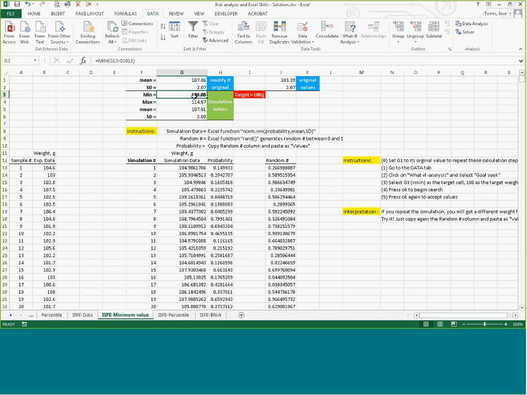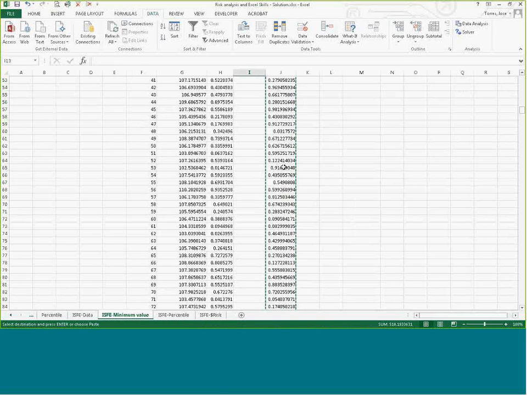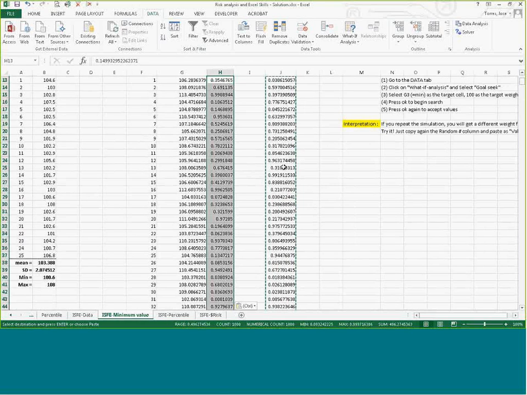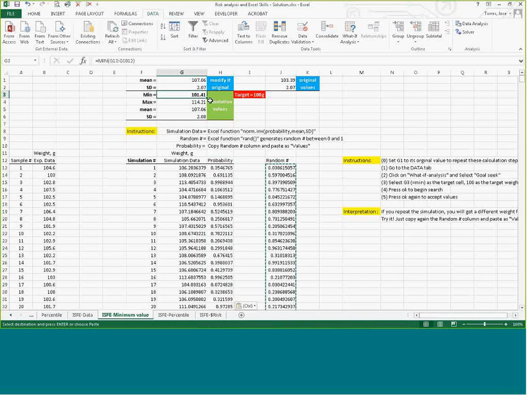As an illustration, here is another set of random numbers, and I replace those random numbers in the original, and now you can see that the minimum for the mean is up to 100. So then I would have to redo my calculation.